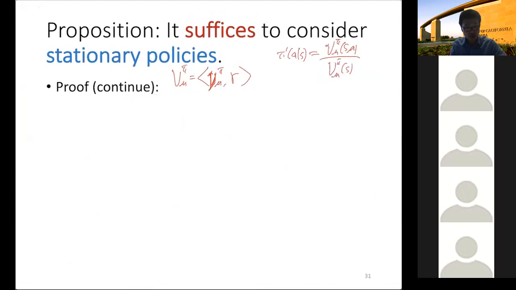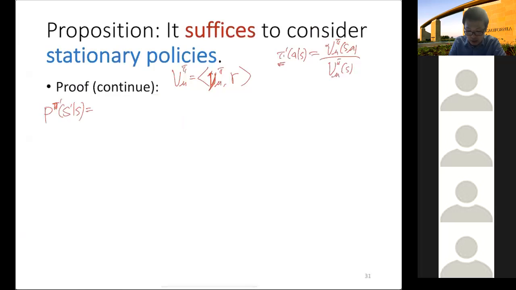So the idea is the following. Before calculating that, let's calculate the transition probability under pi prime. Let's say we are at state S and we are taking this constructed policy pi prime, and what is the probability that we're going to transition into S prime?